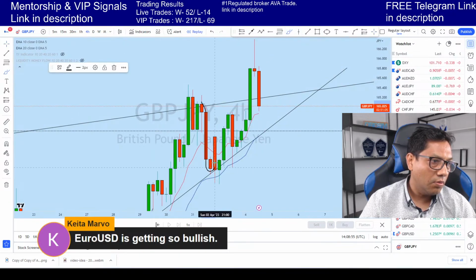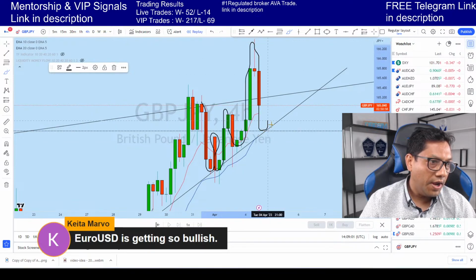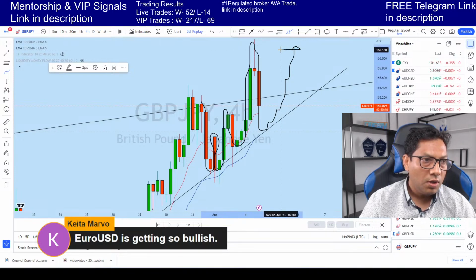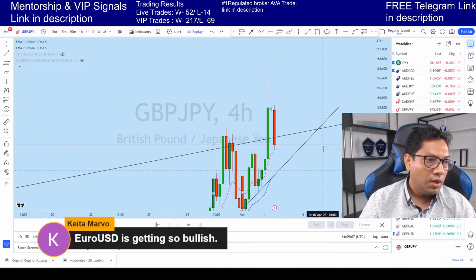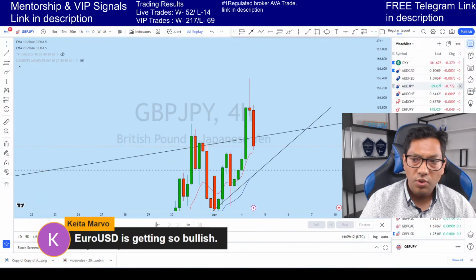You can see there is a double bottom and the price has broken to the upside. It's coming down here for a pullback, and I think this market will go bullish again in this direction. So this one is also a very strongly bullish market, GBPJPY.